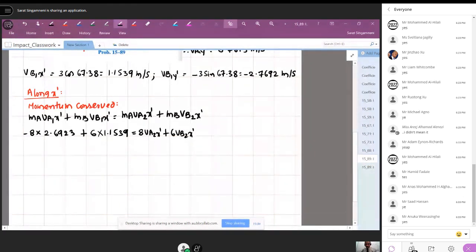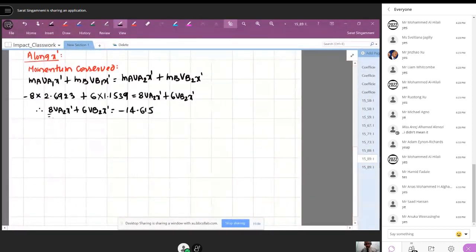We can simplify this and write it as, therefore, 8 VA2 x dash plus 6 VB2 x dash is equal to minus 14.615. Divide throughout by 8 and simplify this.